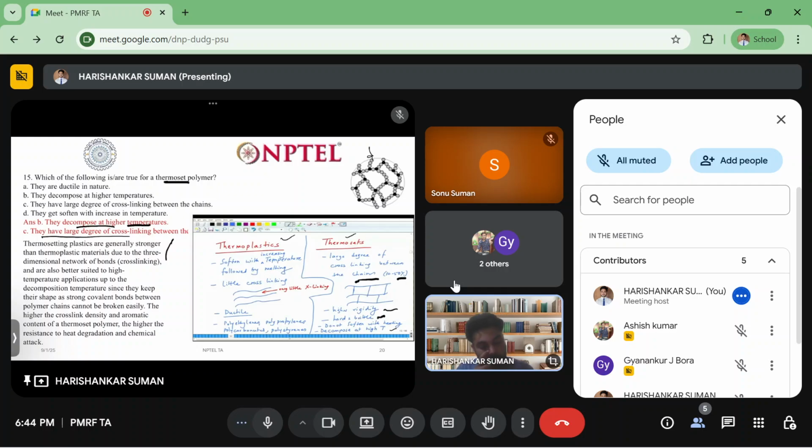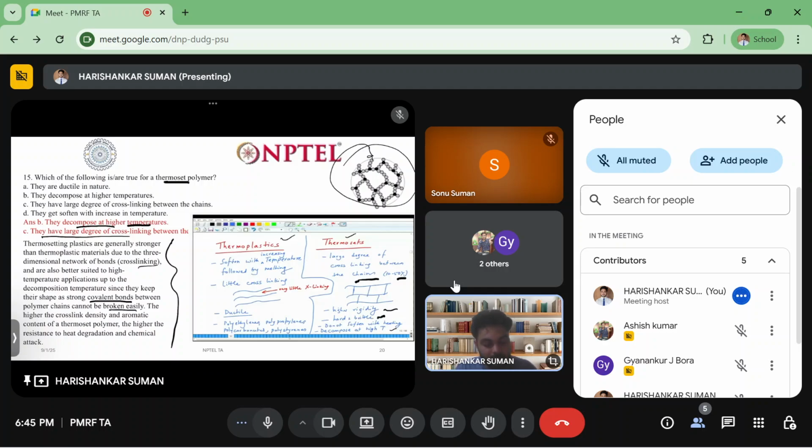You can see also the explanation. Thermosetting plastics are generally stronger than thermoplastic materials due to the three-dimensional network of cross-linking bonds, as you can see in the picture, and are also better suited to high temperature applications up to the decomposition temperature, since they keep their shape as the strong covalent bonds between polymer chains cannot be broken easily.